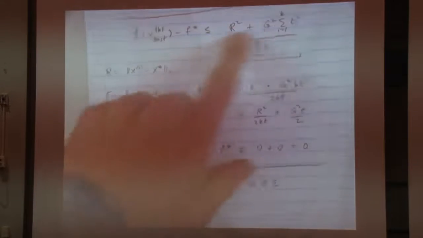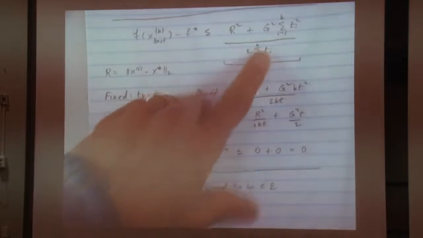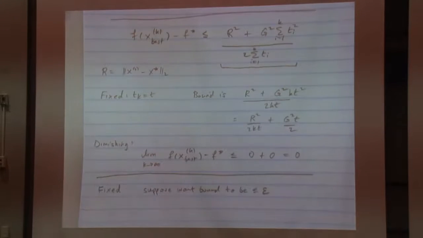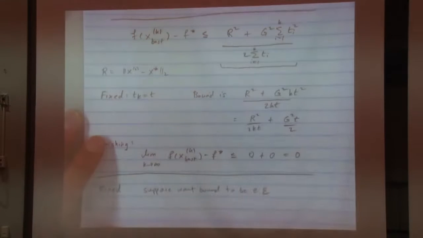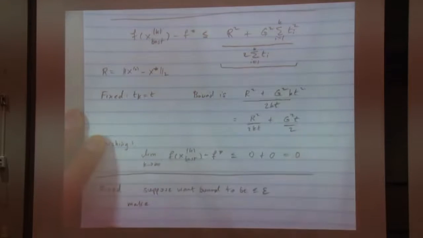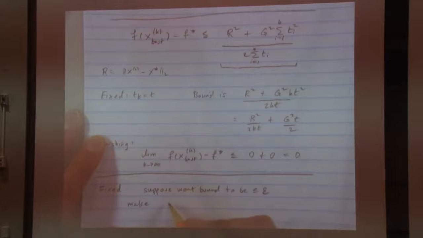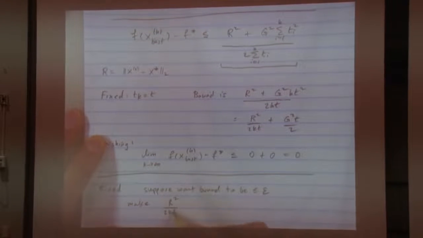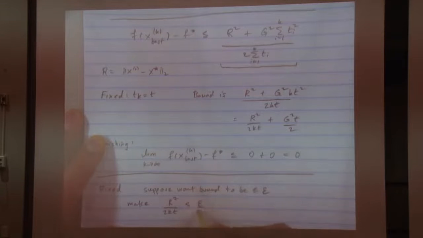There's two terms here. We're going to achieve this bound to be less than epsilon by making each of these two terms smaller than epsilon over 2. Remember, the step size was fixed. So for the first term, we have to make r squared divided by 2 times k times t less than or equal to epsilon over 2.